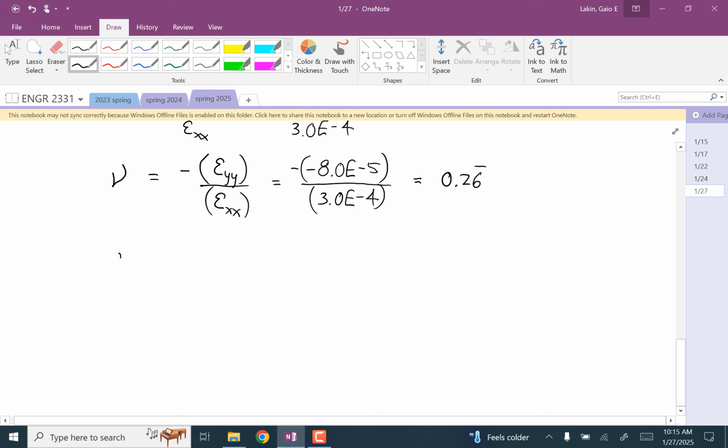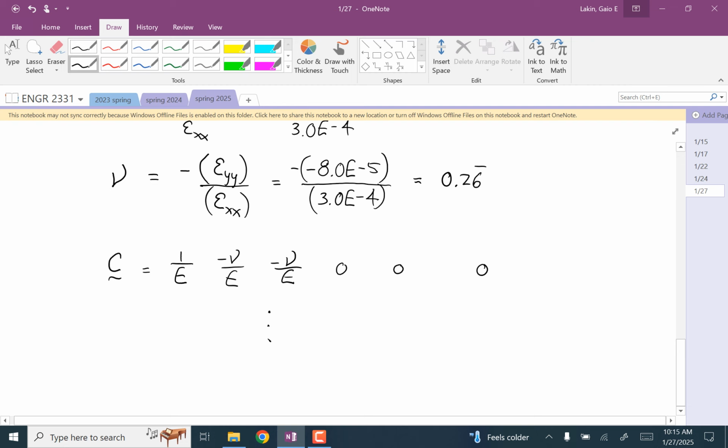And so the compliance matrix is 1 over E, negative nu over E. I'm not going to fill out this whole thing this time. Negative nu over E, 0, 0, 0.